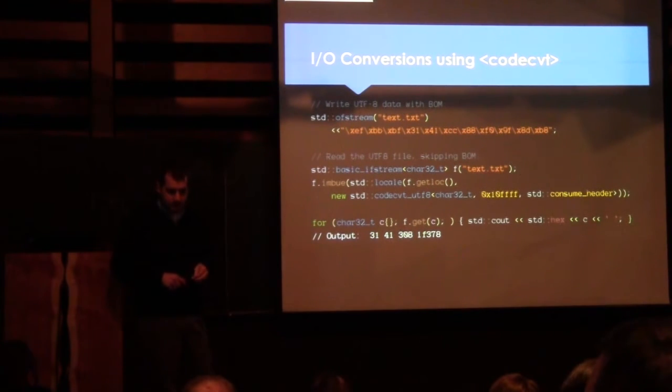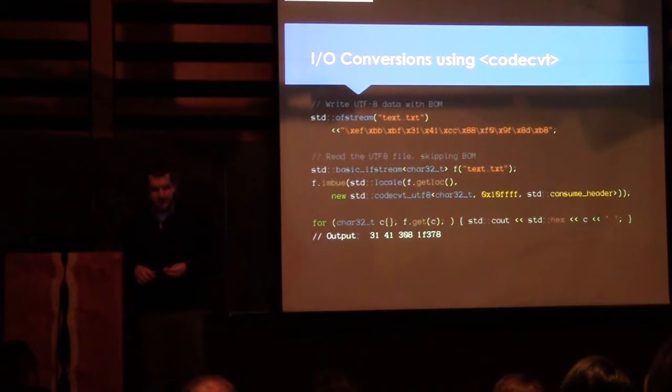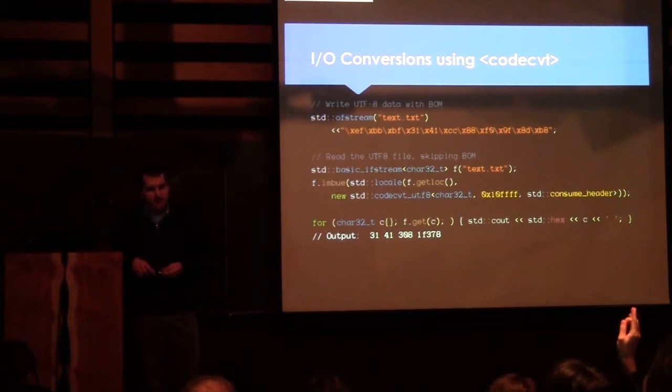Well, the char and wchar_t types usually are pre-specialized in whatever shared object or DLL your standard library comes in. I don't know if the char16_t and char32_t versions are. Yes, that may be.